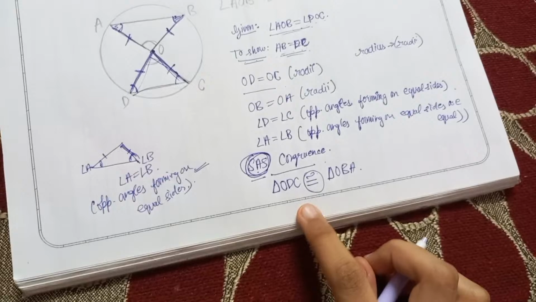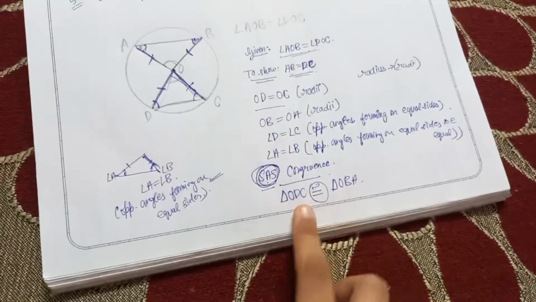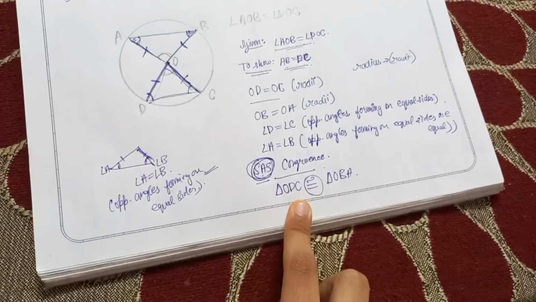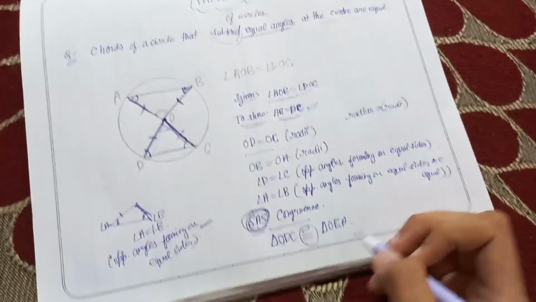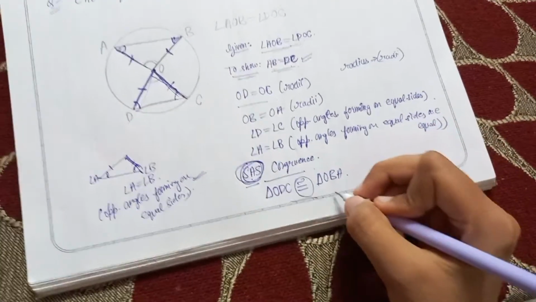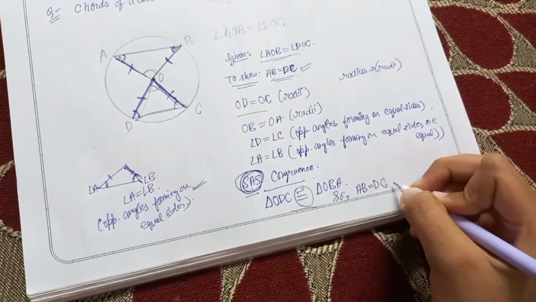Congruent triangles have matching sides and matching angles. So automatically AB is equal to DC as the two triangles are congruent. So AB is equal to DC.